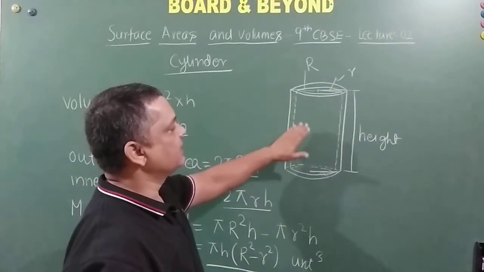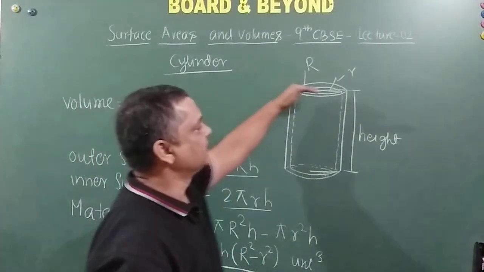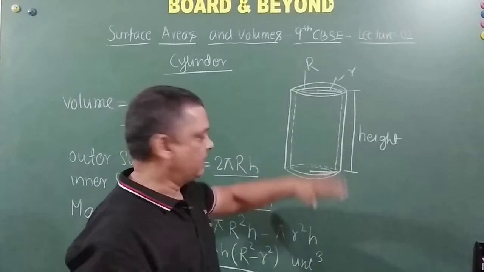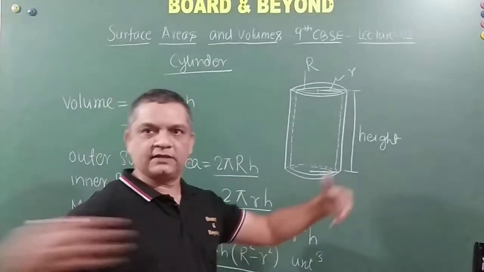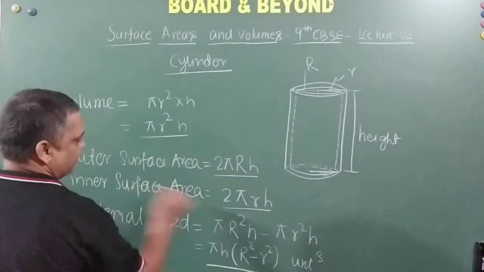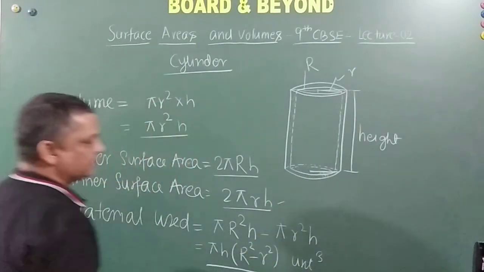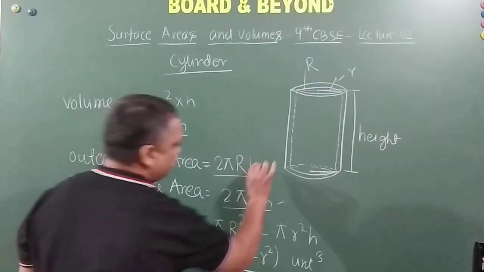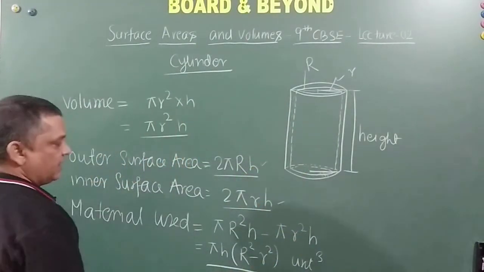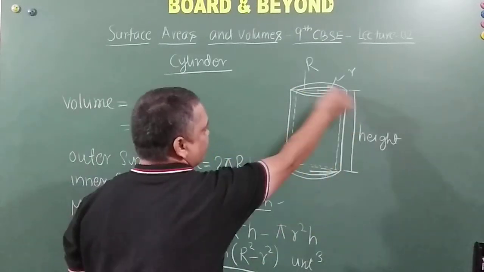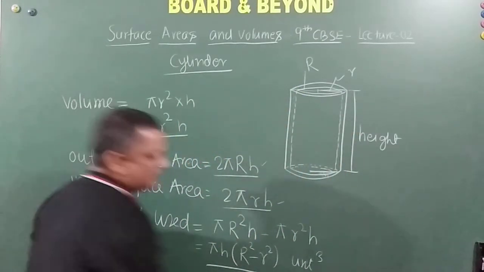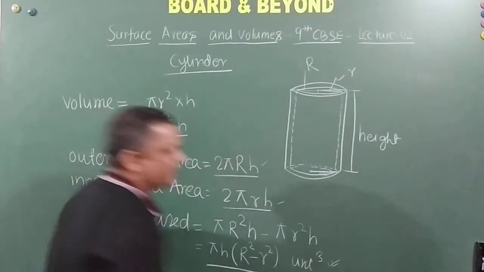Then you must consider the inner surface area. I am not considering the lid; I am just saying it is a hollow cylinder. So if you are painting inside, it is the inner surface area; if you are painting outside, the outer surface area. If you want the volume of material used in making this, it is as above, right friends?